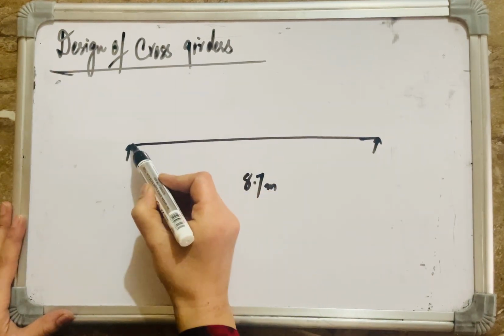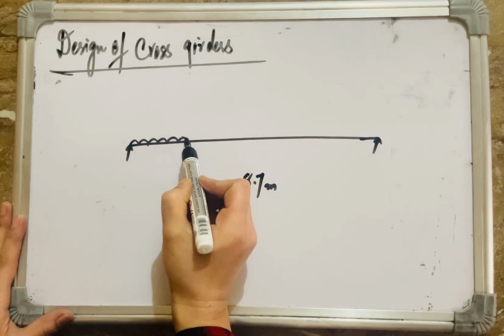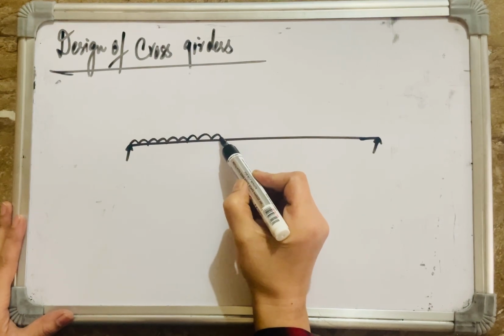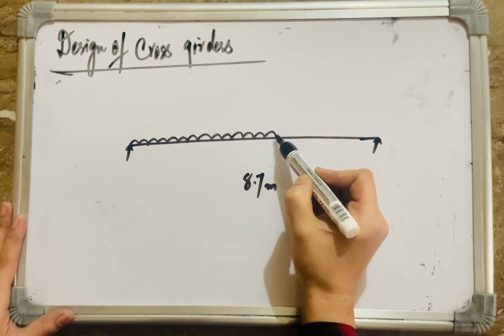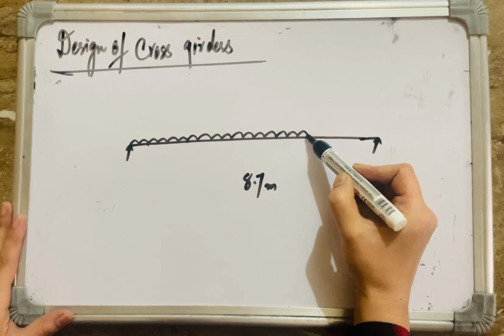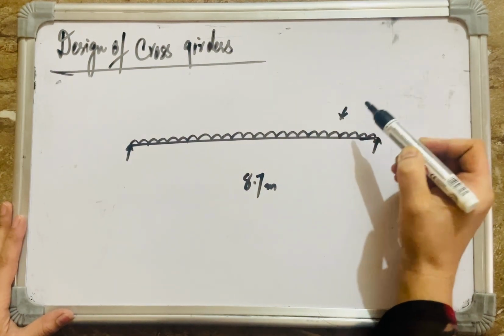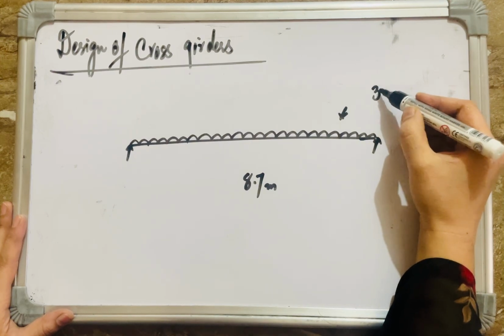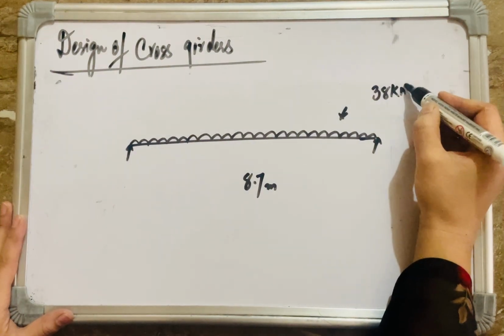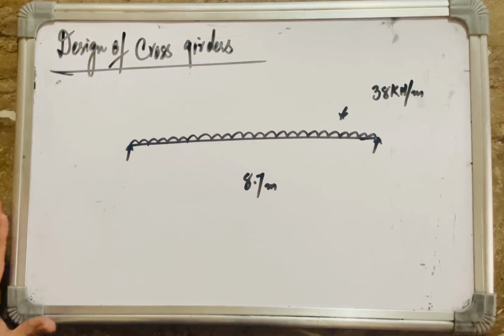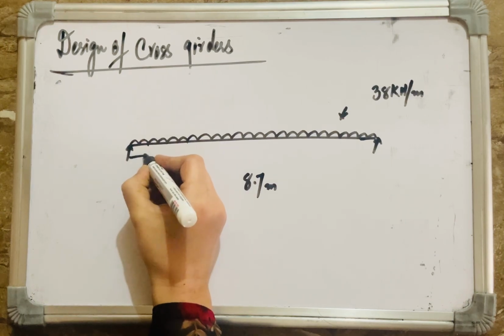All right, then we have a uniformly distributed load that is due to self weight of the slab and the wearing coat, and the self weight of the cross girder itself, which we calculated to be equal to 38 kilonewton per meter. After that, dead load due to stringer beams, including the connectors, that we calculated is equal to 6 kilonewton.